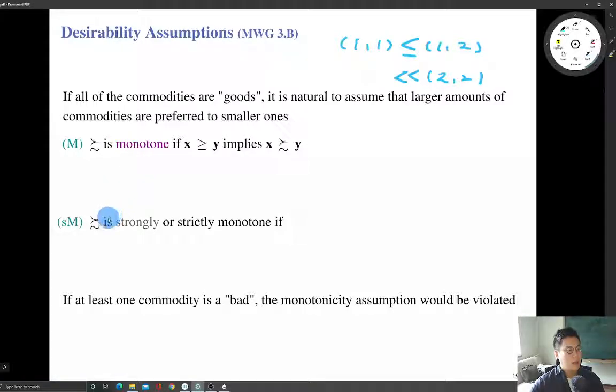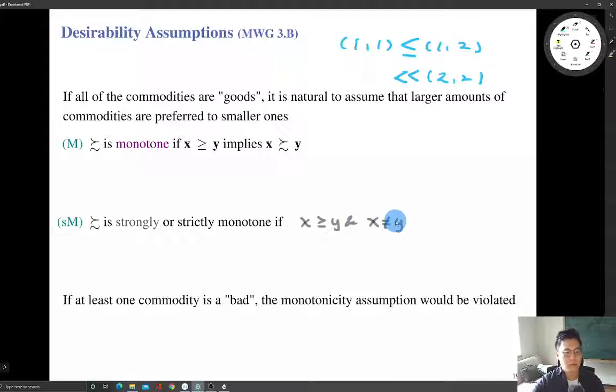Then we can define a strong version of this, which we call strongly monotone or strictly monotone. A preference relation is strictly monotone if X is weakly larger than Y but X is not exactly equal to bundle Y, because this inequality allows for the possibility that two vectors are exactly equal, but we preclude that possibility.